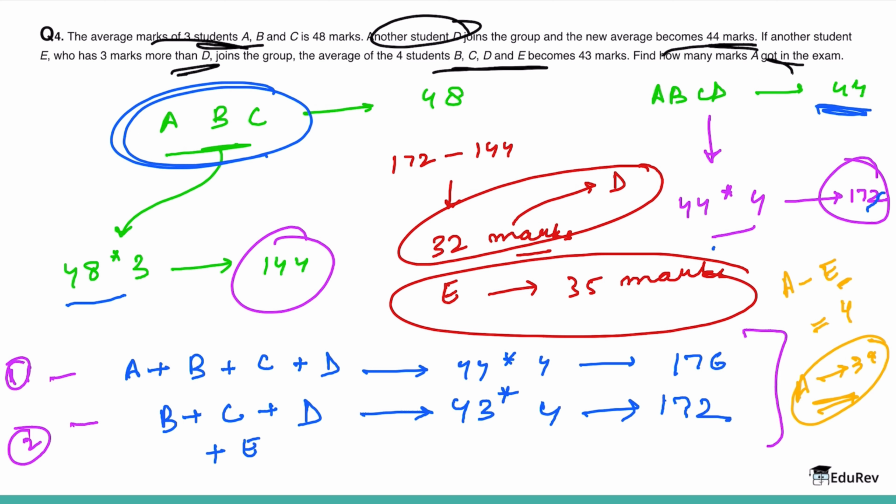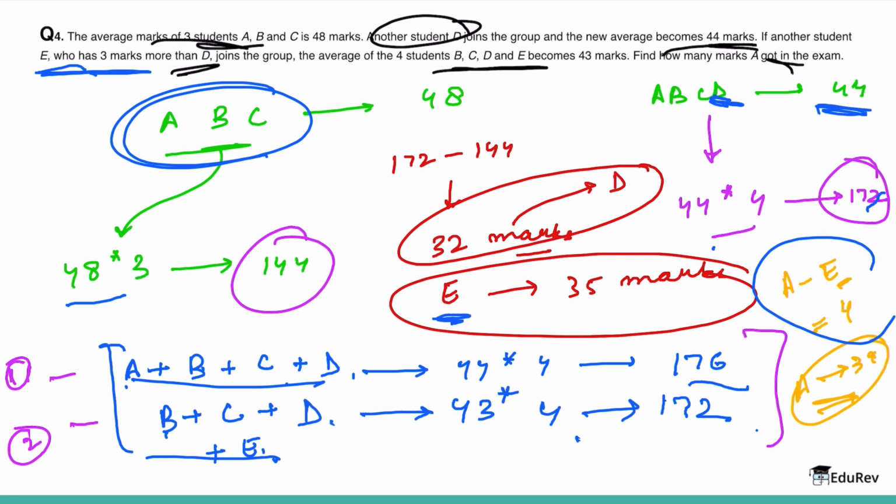Because I know ABC's total marks and ABCD's total marks, if I subtract both of them, I find the marks for D. Once I know the marks of D, I can find the marks for E, because it stated that E has 3 marks more than D. Now I know that A, B, C and D added give a total of 176, and B, C, D and E added give a total of 172. When I subtracted these two equations, I got A minus E is nothing but 4. Now I know E's marks is 35, so A's marks is going to be 39. This was pretty simple.